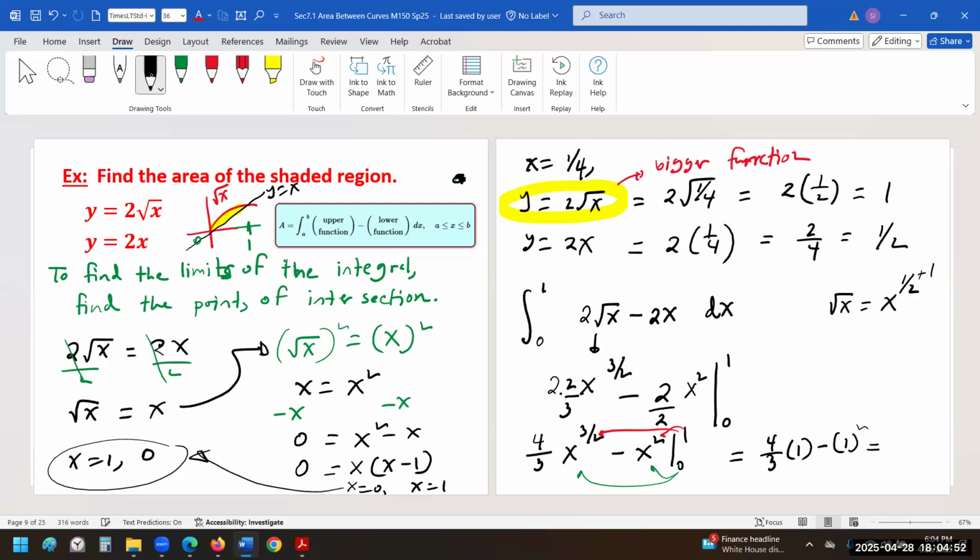In other words, we have 4/3 minus 1. 1 with any power is 1, right? That's why 3/2 still gives us 1. And what is 4/3 minus 1? 1/3. So the area between these two functions is only 1/3.